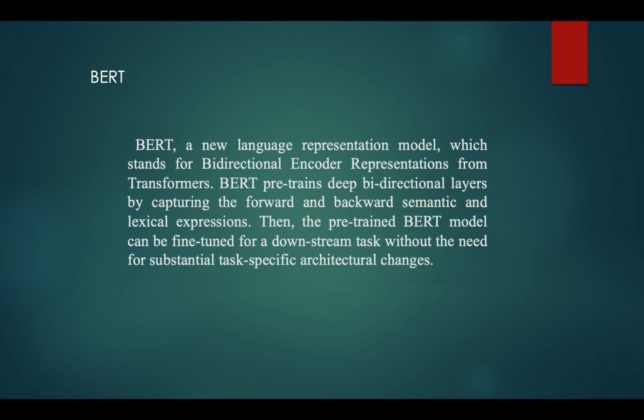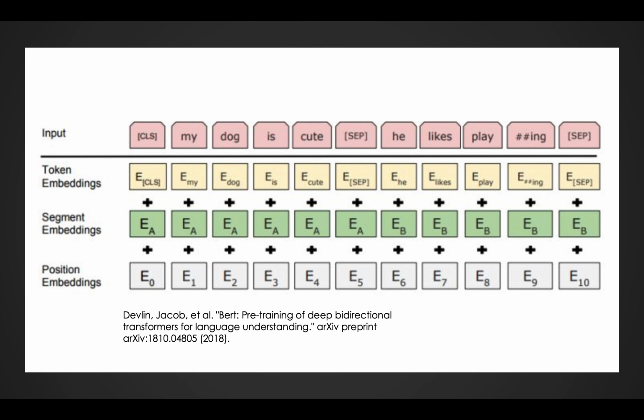Then the pre-trained BERT model can be fine-tuned for downstream tasks without substantial task-specific architectural changes. The embeddings of BERT are actually the combination of three embeddings: token embeddings, segment embeddings, and position embeddings. You can see from this picture, it's very clear.